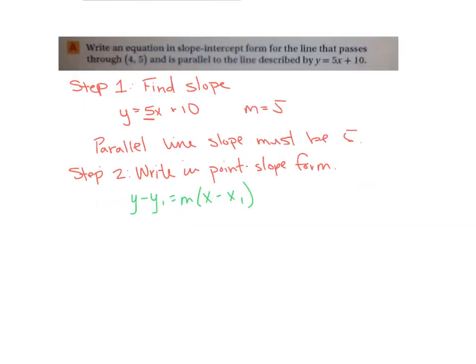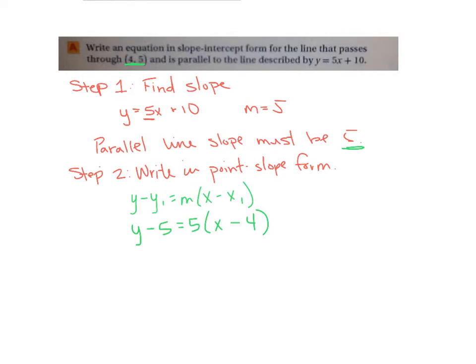And we're going to use the point (4, 5) that they gave us in the original for our x1 and our y1. So we have y minus 5 equals slope, which we determined was 5, times x minus x1, which is 4 from up in that set of points above. Okay? That's all we do for that.